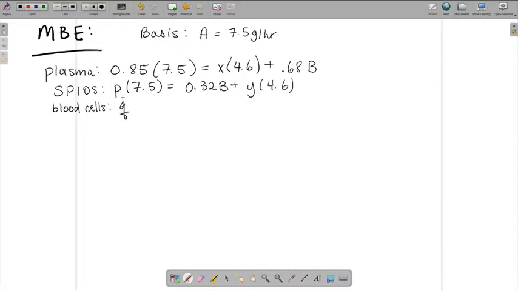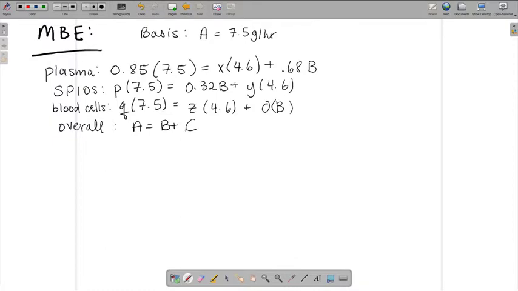Finally, we know that Q times 7.5 is equal to Z times 4.6, because there's plus 0 technically. There's no blood cells in stream B because it doesn't pass through the filtrate, so we won't count that. And our overall governing equation is that A is equal to B plus C.